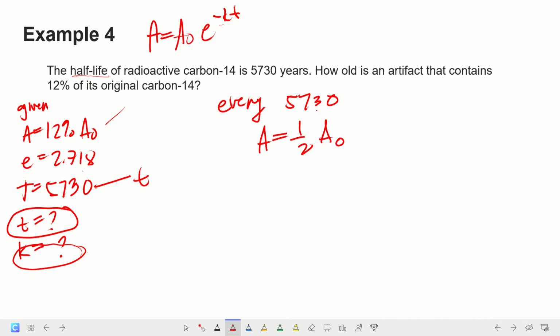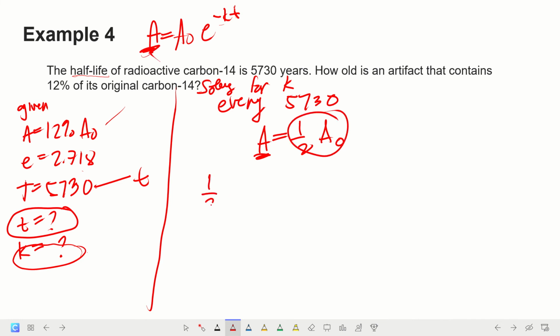So, instead of using A, we plug in 1/2 of A sub O, to solve for k. So, papalitan natin to nitong value na to.